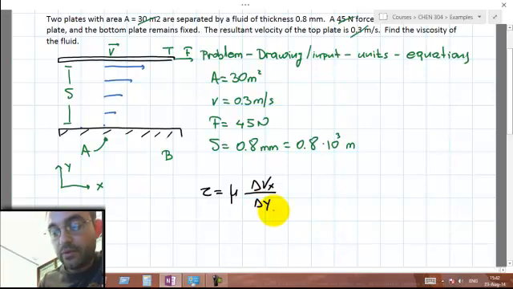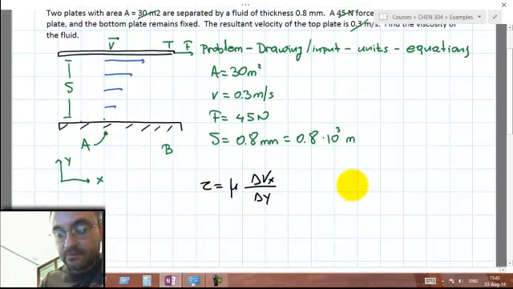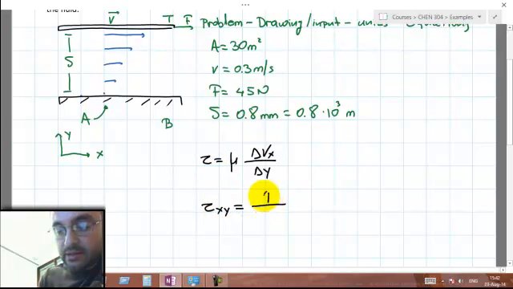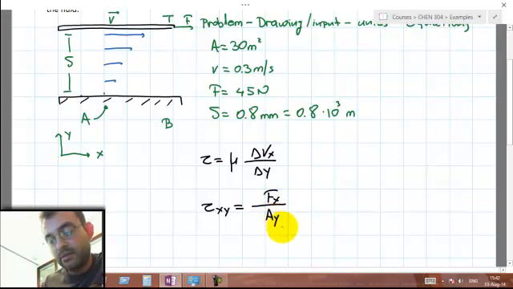Now, we know the velocity, we know the thickness, but we don't know the shear stress. Again, from the same law, we know that shear stress equals force over the area where the force is applied.